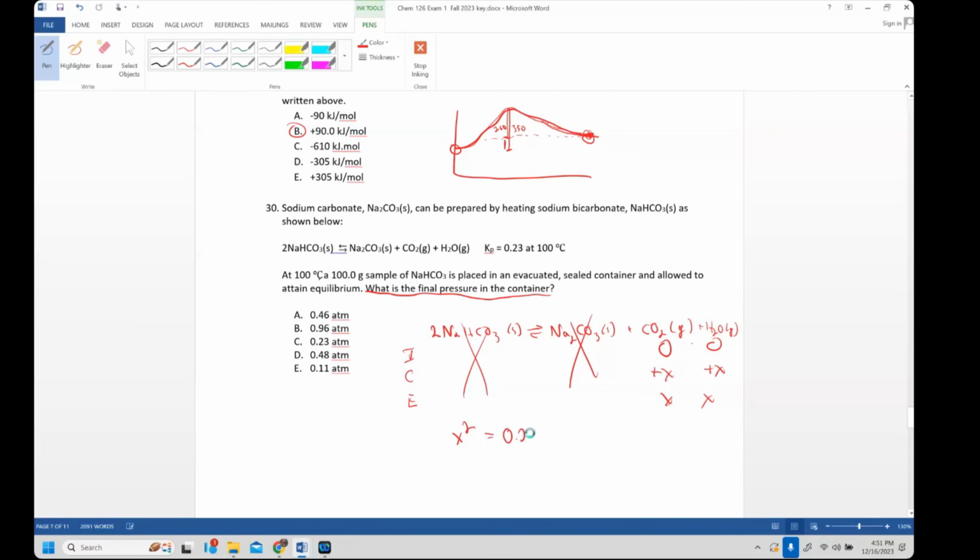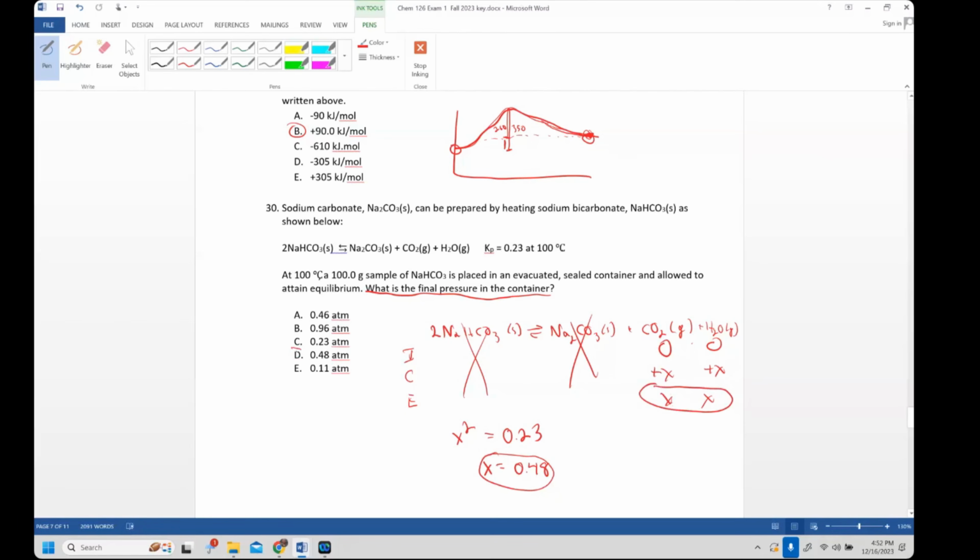Kp is 0.23. So the square root of 0.23, that's going to be equal to X is, thank you, 0.48. Good. So now this represents the X value, right? If we plug X back into the equilibrium expressions right here for equilibrium pressures, we get 0.48.